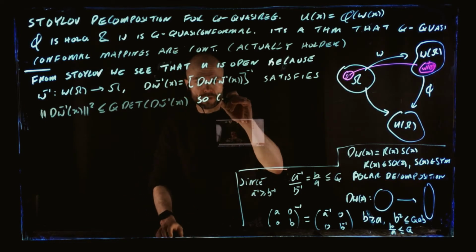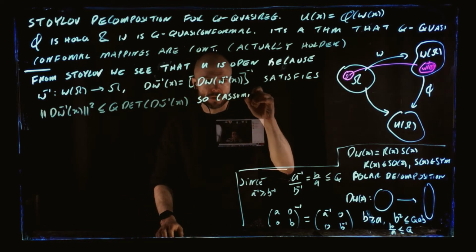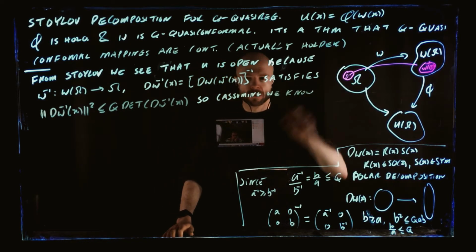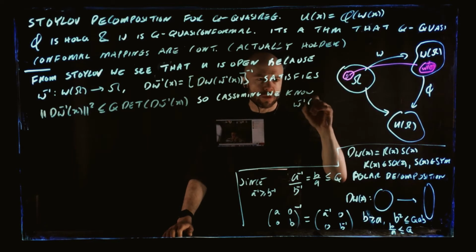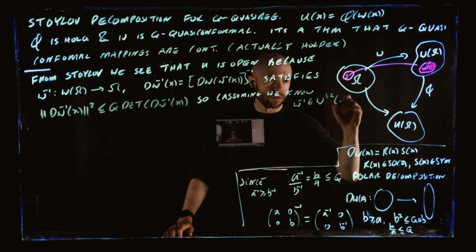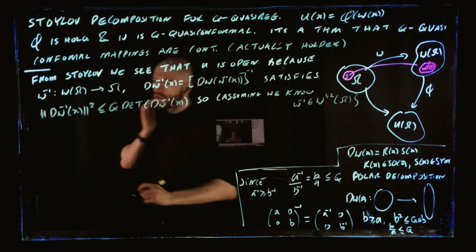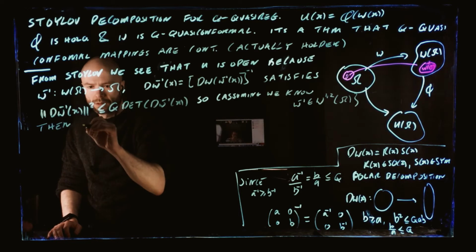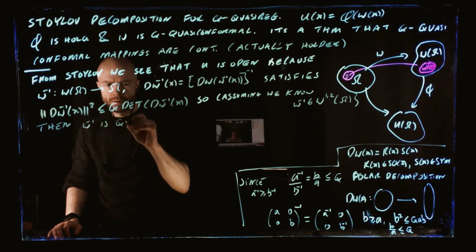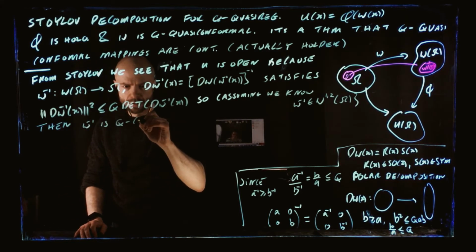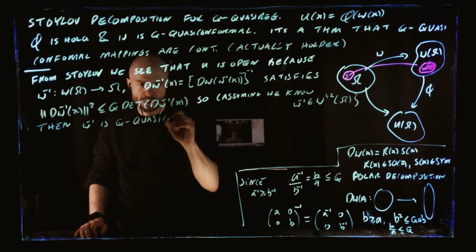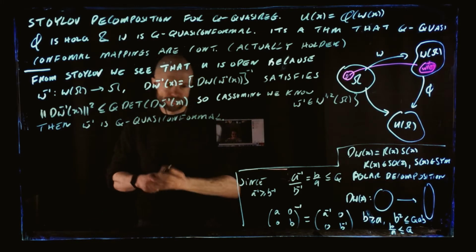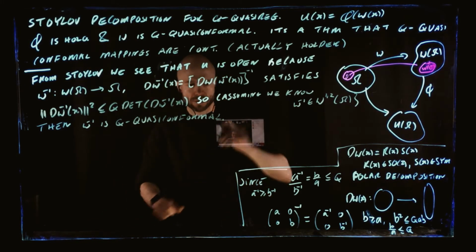So, assuming we know that W to the minus 1 belongs to W1,2 in this case, then W to the minus 1 is q quasi-conformal, therefore continuous.